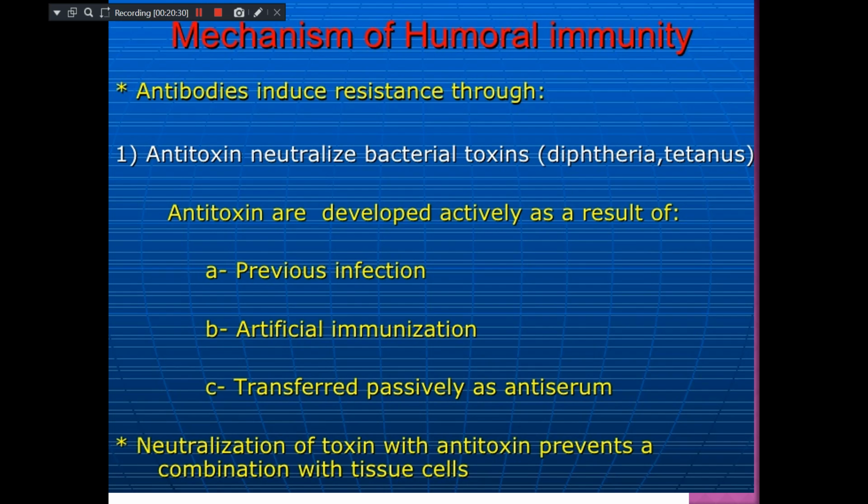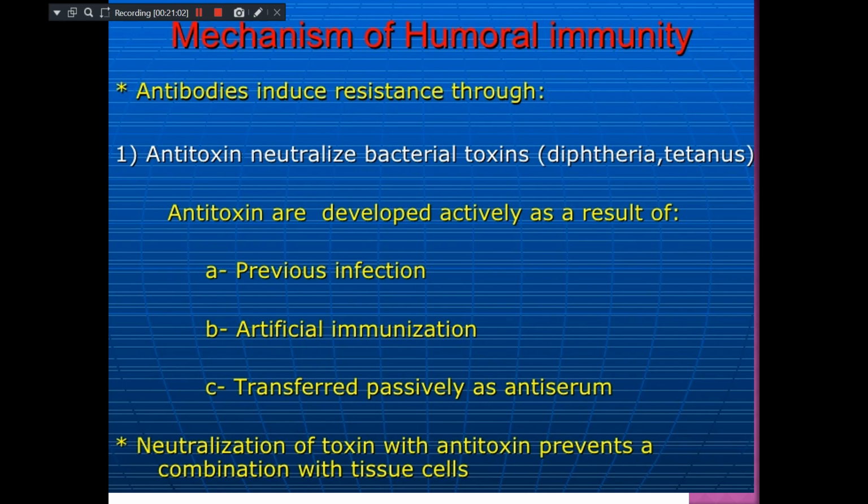Then sometimes it is transferred passively as anti-serum. That is what you must have read about in plasma therapy, which is very popular even for treating COVID-19. This is transferred passively. Suppose you have already been infected, then our body may take a lot of time to produce the antibody.